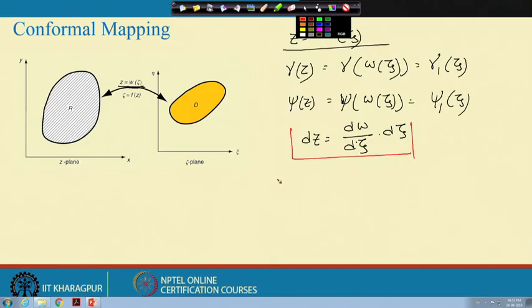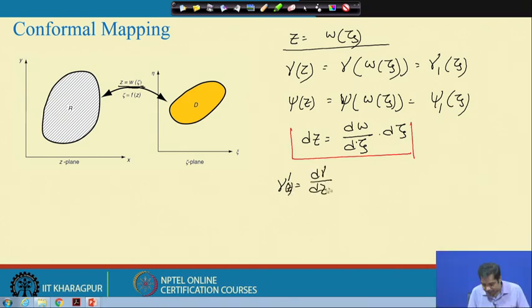So, let us find the derivative of gamma. Gamma dash z, which is essentially d gamma dz, will be equal to d gamma 1 d zeta and then d zeta dz.